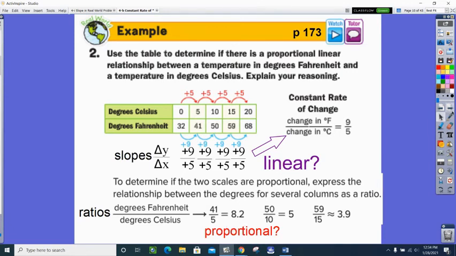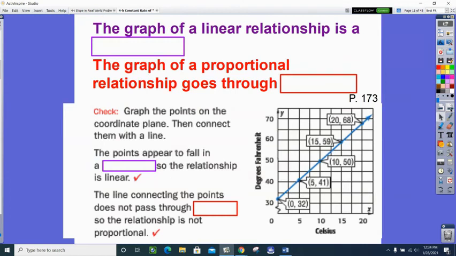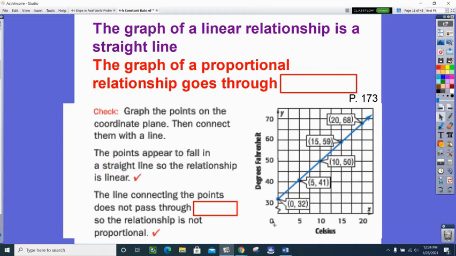Now I'm going to give you another reminder on proportional by looking at this graph. And this is the way that a lot of kids remember what proportional is. So first of all, the graph of a linear relationship is, shockingly enough, a straight line. So if you have a graph asking if it's linear, you just look. Do the points all fall on one straight line? Yes. Now this you might remember from 7th grade.